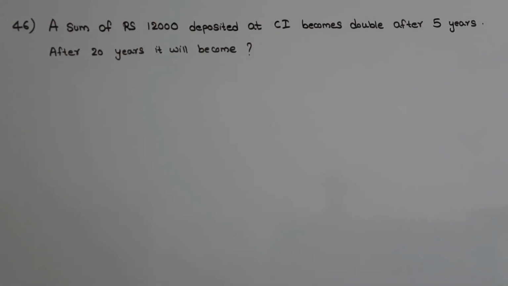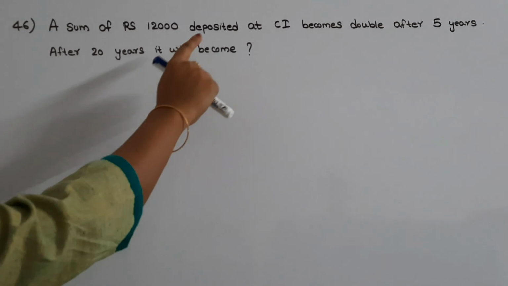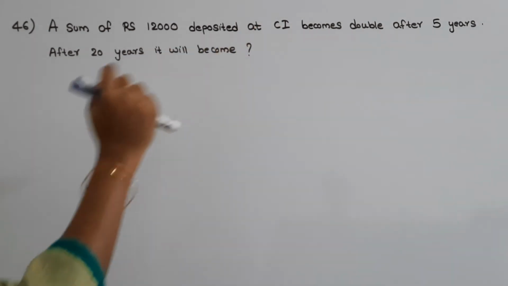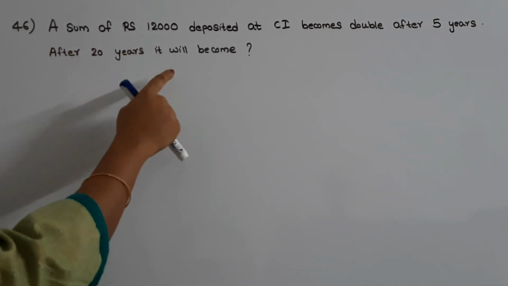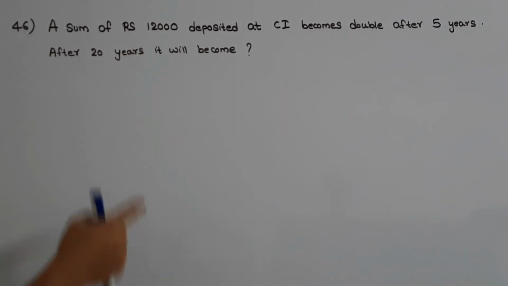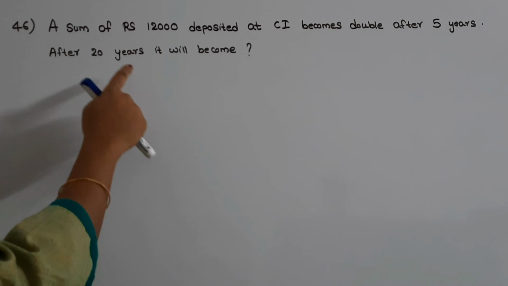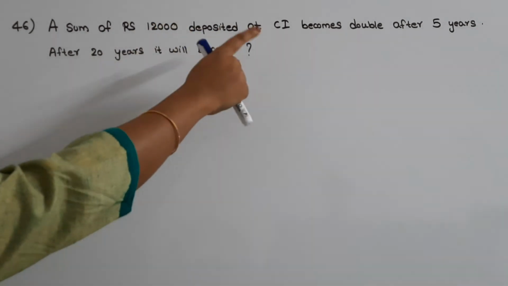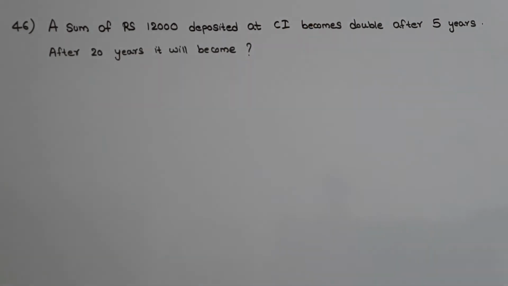The next question is, a sum of rupees 12,000 deposited at compound interest becomes double after 5 years. After 20 years, what value will it become? So we need to find the amount after 20 years, if a particular principal doubles in 5 years.